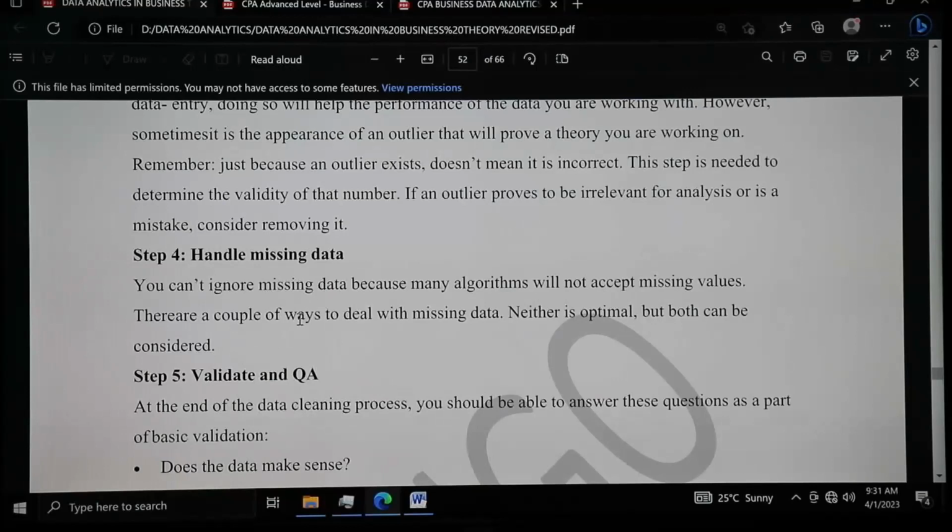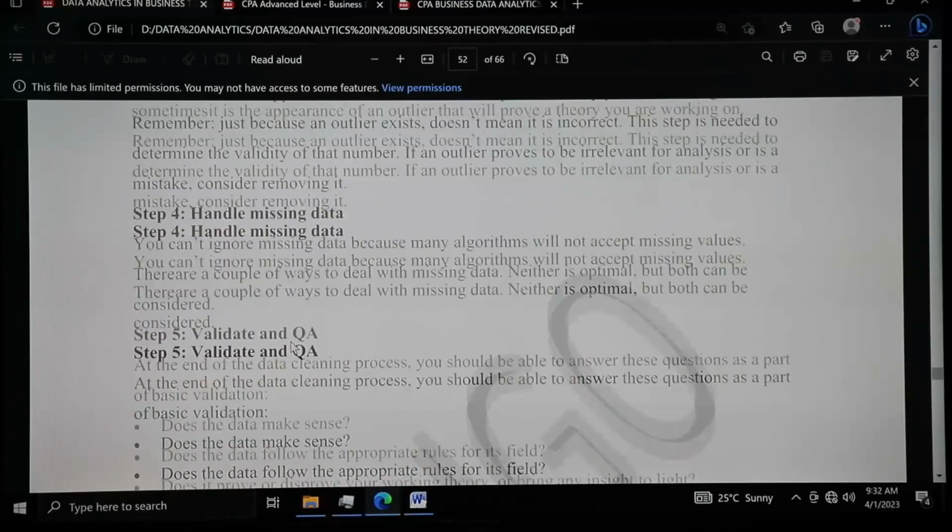Then validity of data, here we are referring to the correctness of data. It is important to check on this. That is still part of data cleaning.